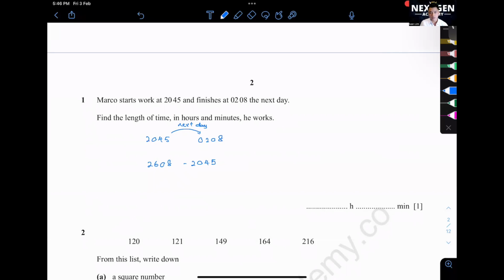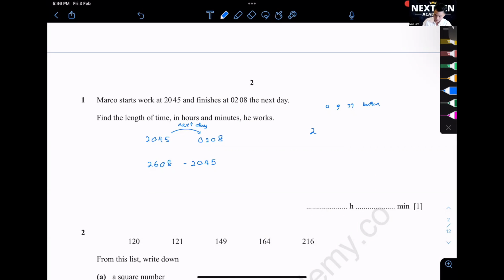Let's just say you don't know how to calculate. You can always do it like this. I want all of you to take out your calculator. You find this button, called your degree, minute, second. It's above the ENG button at the left hand side.